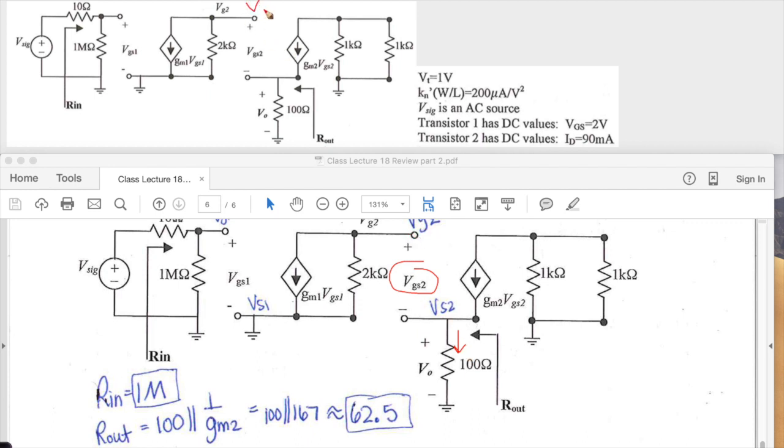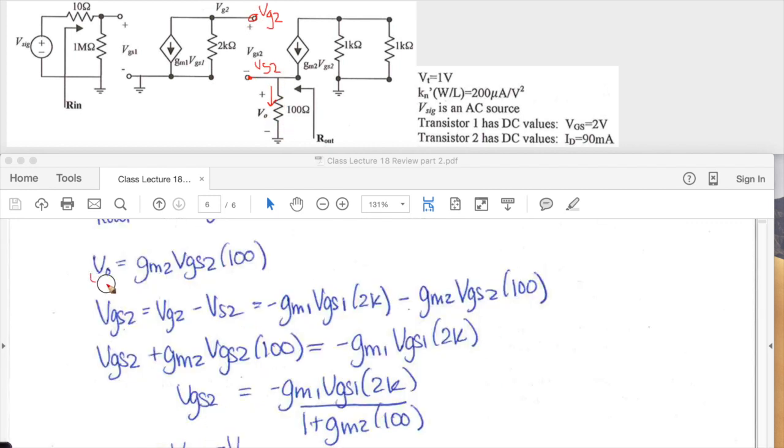I'm just going to draw these up here. This will be VG2 minus, and then I'm going to call this VS2. Vout here is just going to be that current times that resistance. So here's our equation for Vout, and it's a positive gm2 VGS2 times 100 because the signs are the same. Here you see plus to minus, and the Vout is plus to minus.